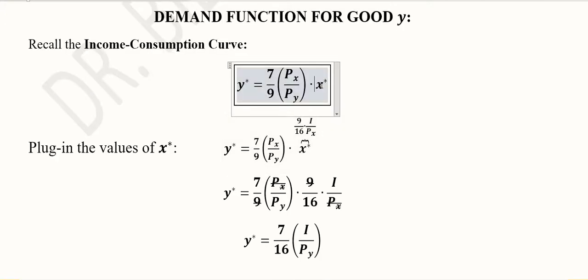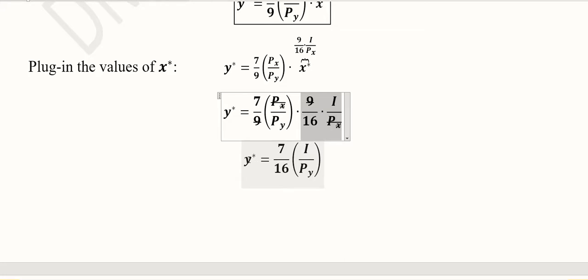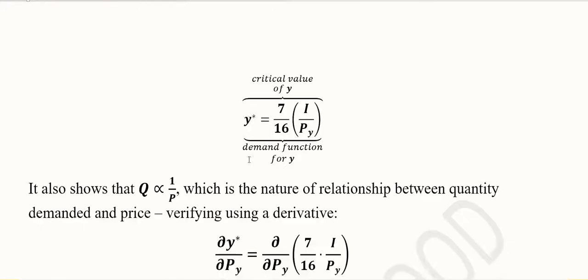I have already found the value of x, that is the demand function, so I can put this value here, and when I have substituted this value in the income consumption curve, there is a little bit of cancellation that can happen, that is px and px and 9 and 9. So these are some values that have been deleted because they are cancelled out in the next step. So this is the demand function for good y.